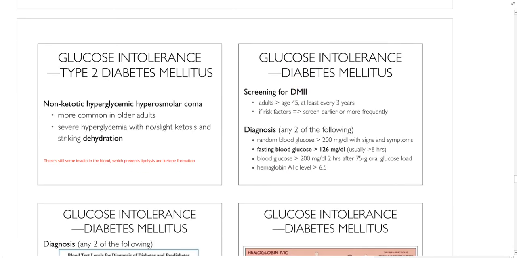The sort of emergency that we can have in type 2 diabetes compared to type 1 is non-ketotic hyperglycemic hyperosmolar coma. I think sometimes it's also called hyperglycemic hyperosmolar syndrome, HHS. Regardless, the idea is that this is not ketonic.